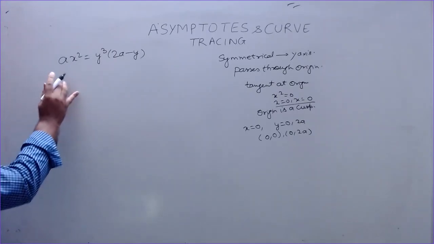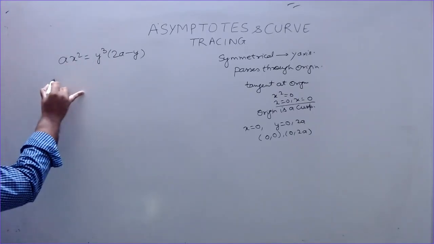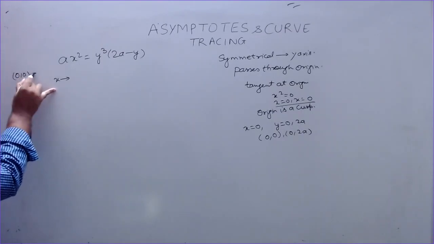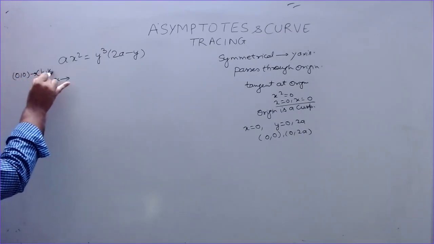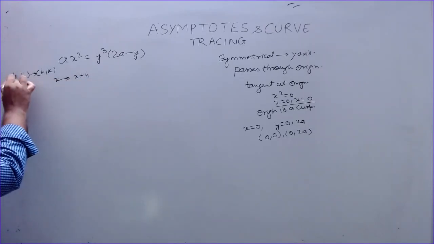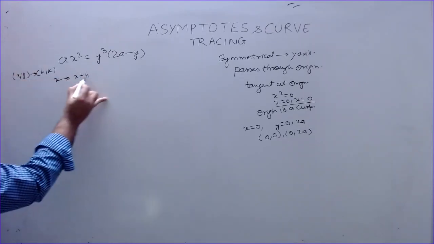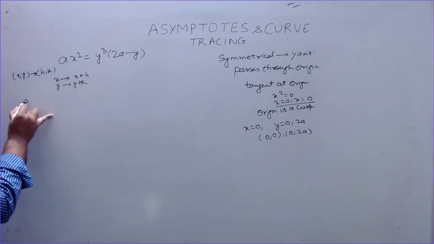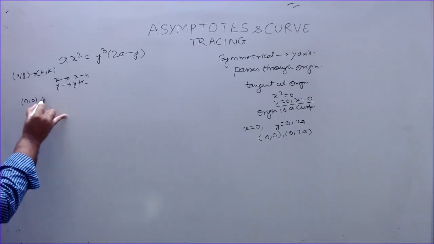Shifting the origin means if I shift the origin 0, 0 to h, k, then x will be x plus h, and y will be y plus k. So I am shifting the origin here to 0, 2a.